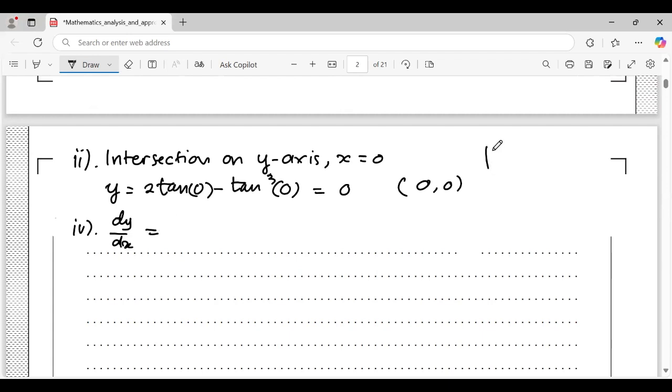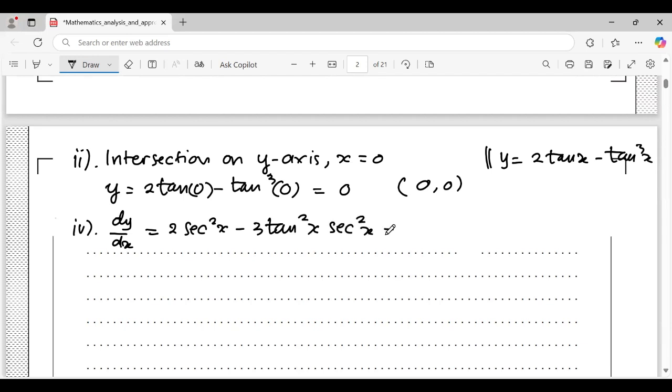If the function is y equals 2 tangent x minus tangent cubed x, the derivative is 2 secant squared x minus 3 tangent squared x secant squared x equals 0. Factorize: secant squared x times 2 minus 3 tangent squared x equals 0.